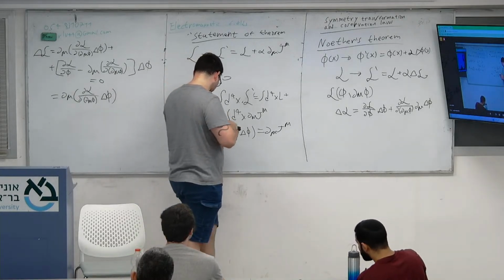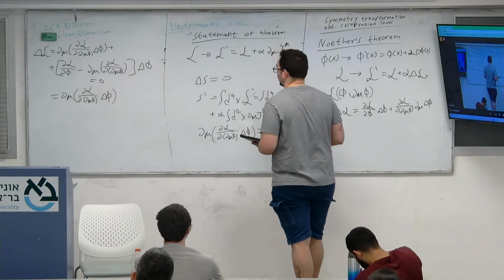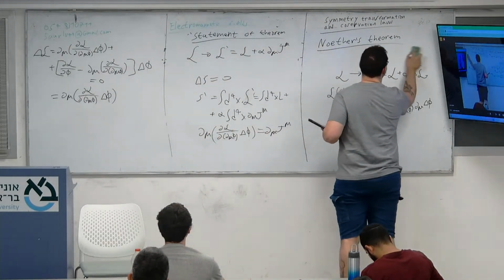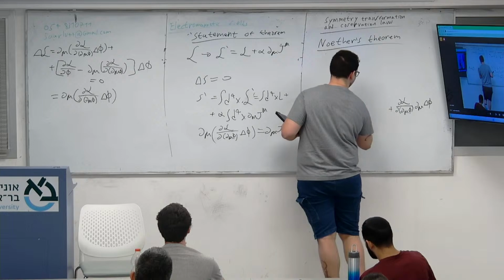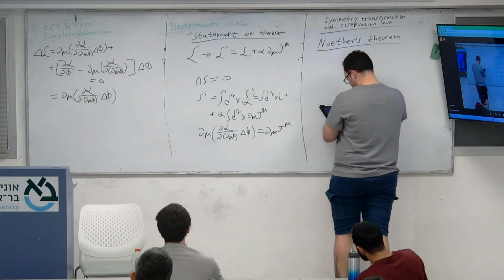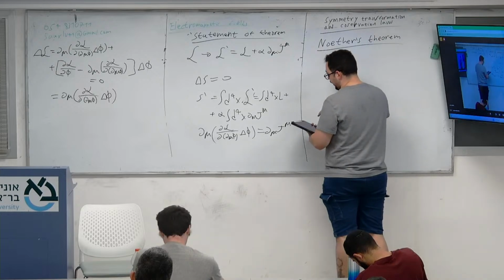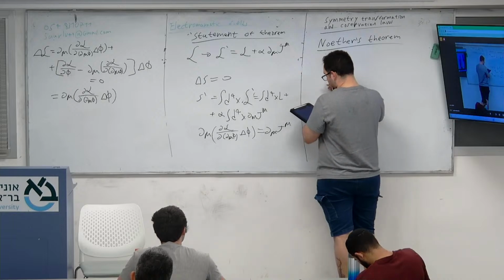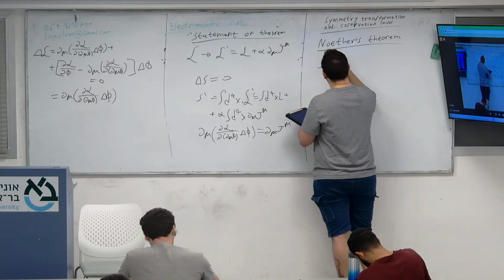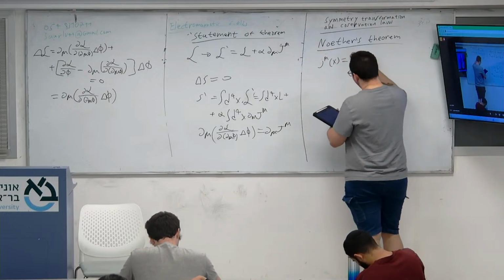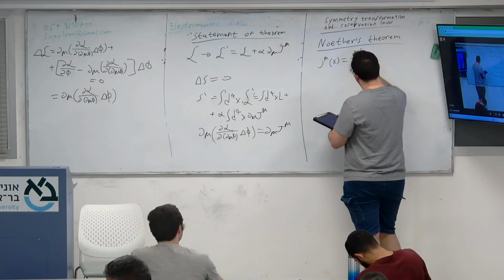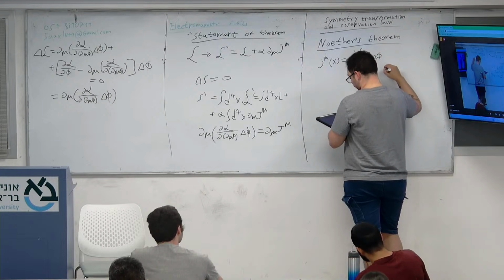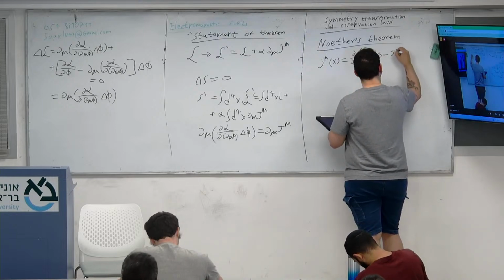And using this equation, we can define what we call the Noether current by integrating both sides. We get J^μ defined in terms of the derivative of L with respect to ∂_μ φ times the change in φ, minus K^μ.